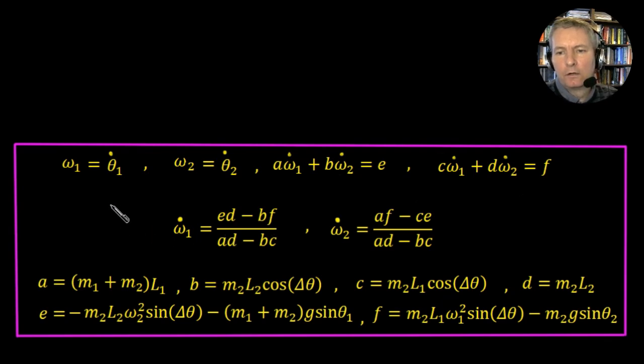And we can say that our omega 1 dot is equal to ed minus bf upon ad minus bc, and omega 2 dot is af minus ce upon ad minus bc, and these are the values of a, b, c, d, e and f.